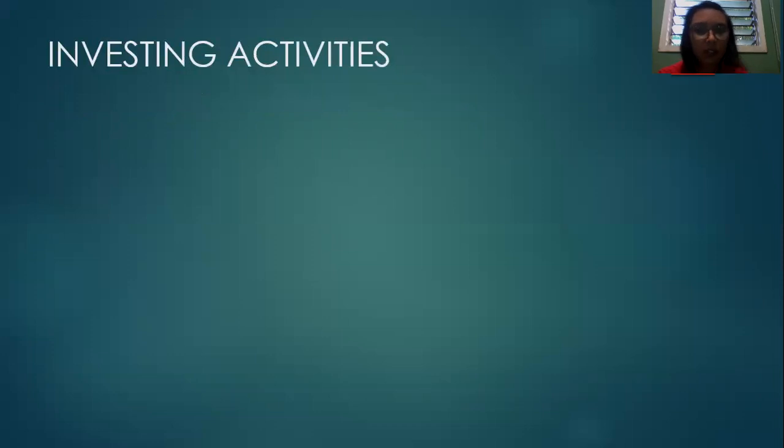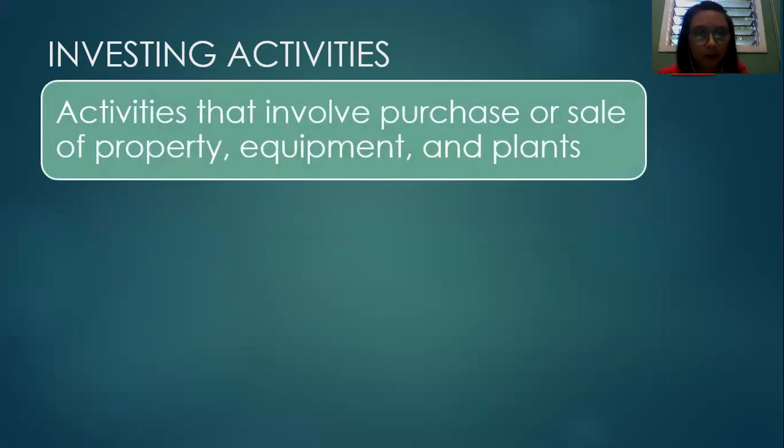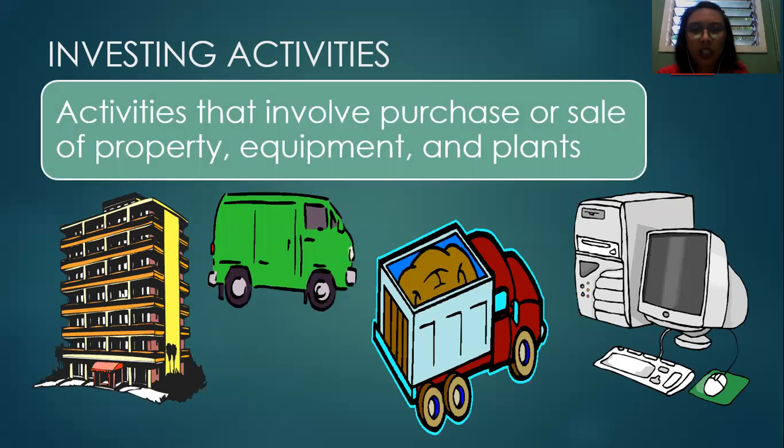Next, investing activities. You shouldn't be very confused when it comes to investing activities because these will only involve non-current assets. You know very well what non-current assets are. This could be property, equipment, plant, and also intellectual properties such as copyrights, trademarks, patents. Those are non-current assets. If it involves the purchase or sale of any of those, then that will fall under investing activities.